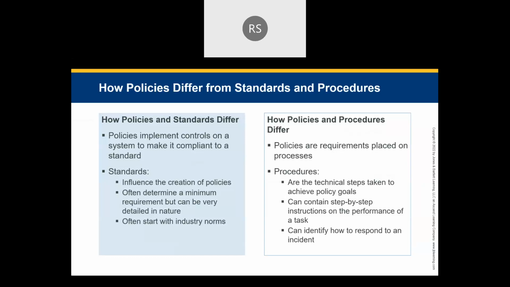They define the specific requirements, criteria, and specifications that need to be met to ensure consistency, quality, and compliance. Once again, they're usually developed by an external governing body or external organization. And what they do is they define the best practices.